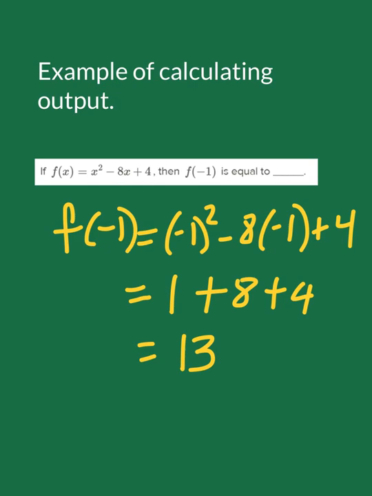So I can conclude that f of negative 1 equals 13. Negative 1 is the input. X squared minus 8x plus 4 is the function. And the output is the lucky number 13.